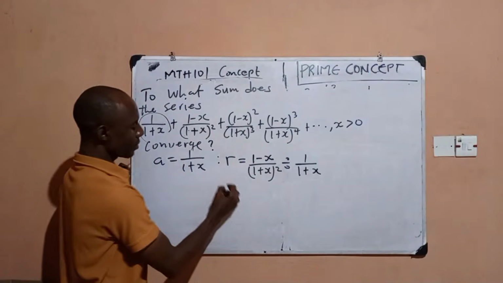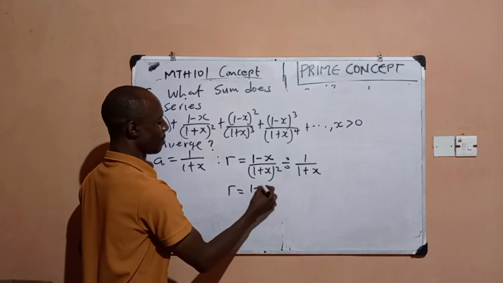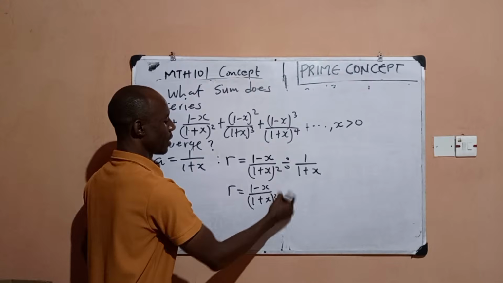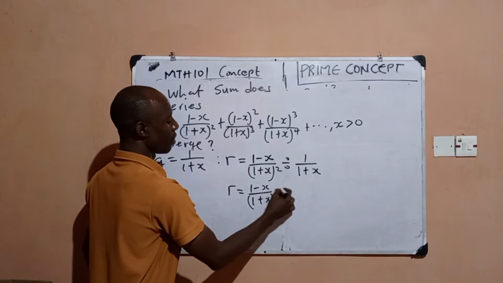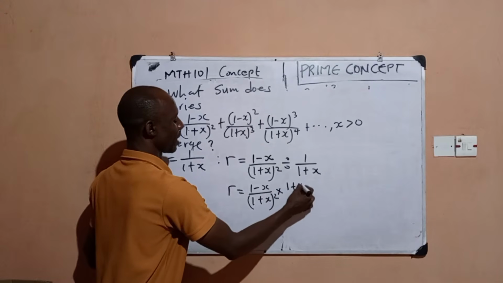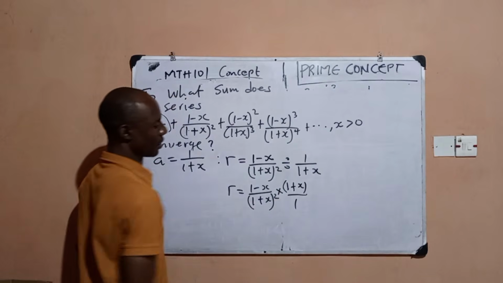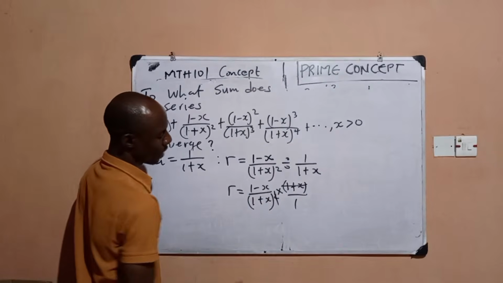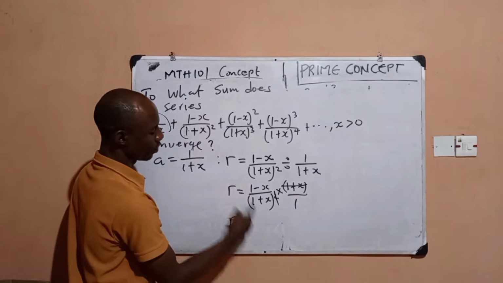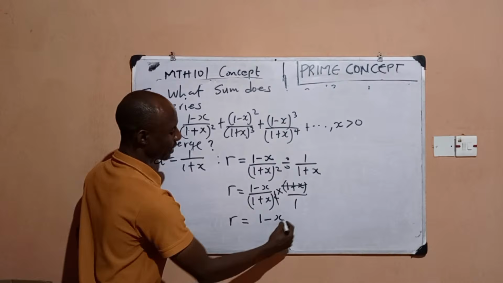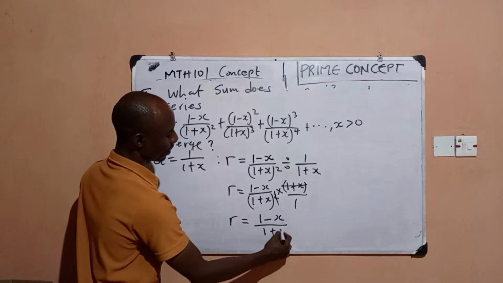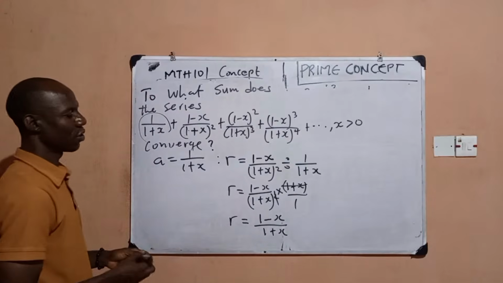Have it? So I have R equals 1 minus x over 1 plus x, all squared. When I change division to multiplication, I'll have 1 plus x divided by 1. So what do you think will happen? This will cancel one of this. So I'll have R to be 1 minus x all over 1 plus x. So this is what I'll have as my common ratio.